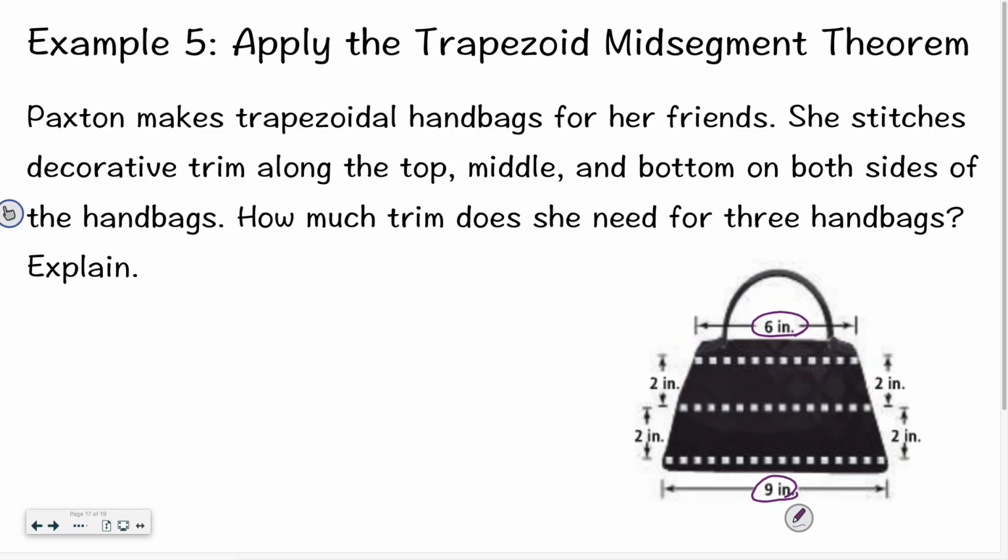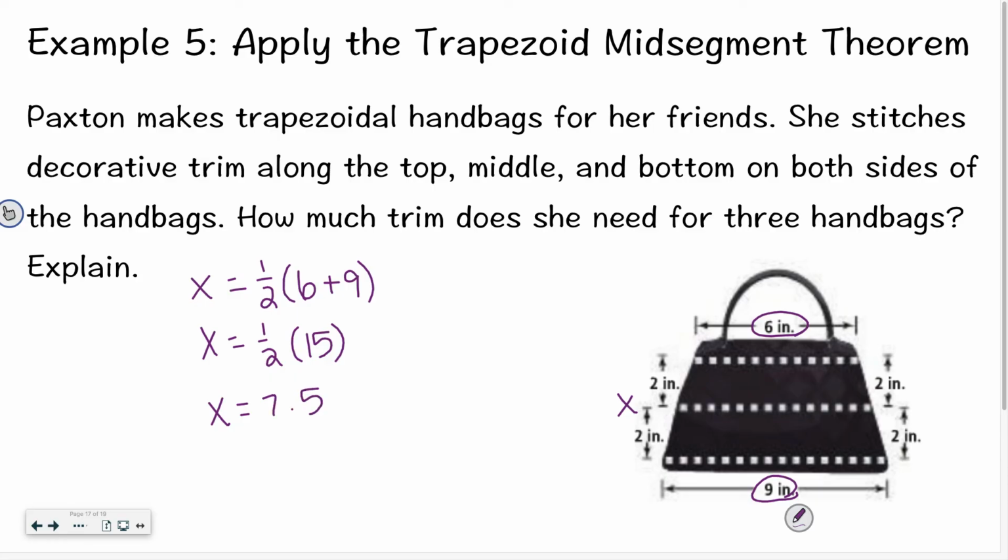So I'm going to call that middle stripe just X because I don't know what it is. X equals 1/2 times 6 plus 9, or X equals 1/2 times 15. X equals 7.5.